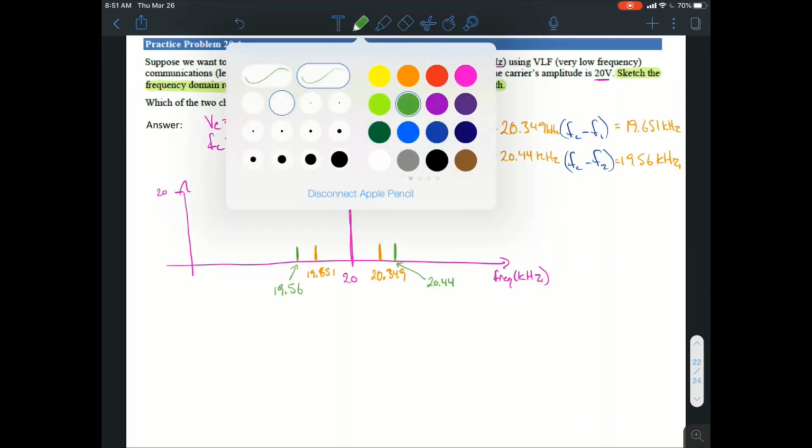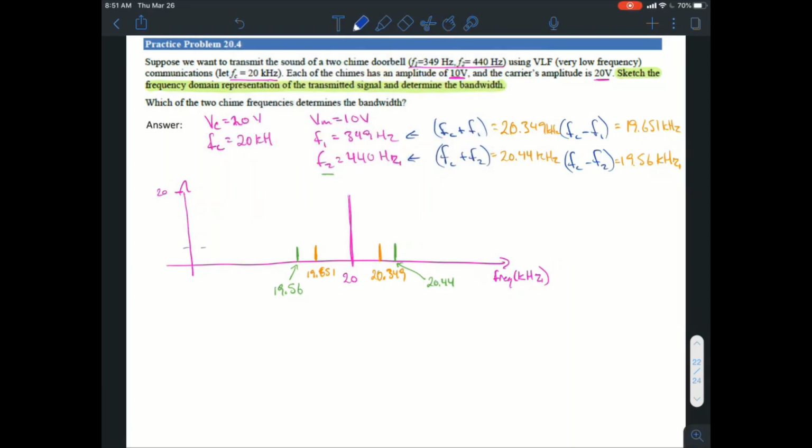Now when we're looking at this, we remember these are all Vm over 2 in magnitude, and that's going to be 10 over 2, just 5. And they're all going to be that same amplitude because they all have the same original amplitude. So that has a magnitude of 5. And this is going to be our frequency plot of this signal.